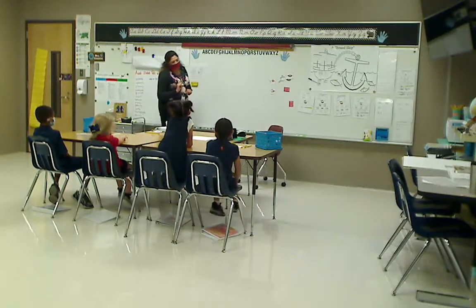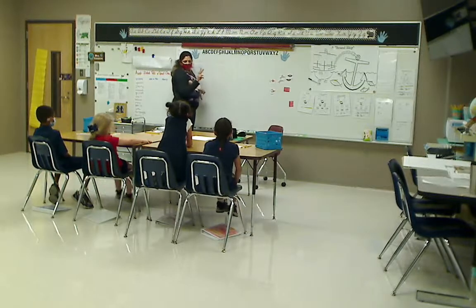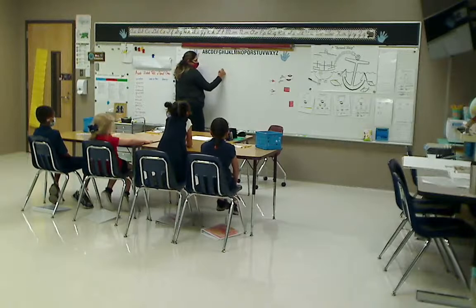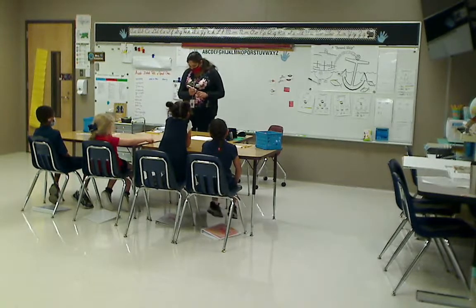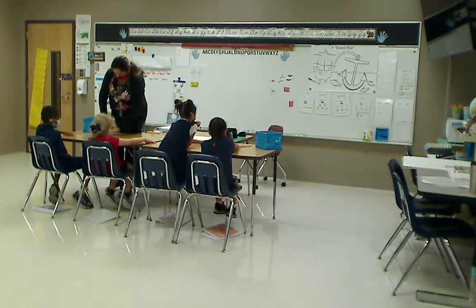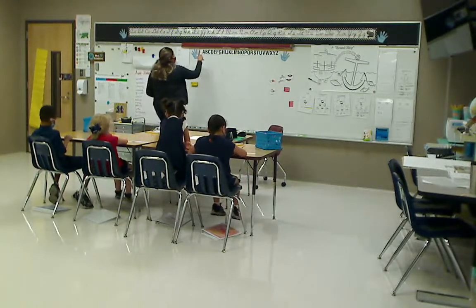How many letters are in the alphabet? 26. There are two different types of letters in the alphabet. What are they? Vowels and consonants. Excellent. Let's touch and name your alphabet strips. Ready?